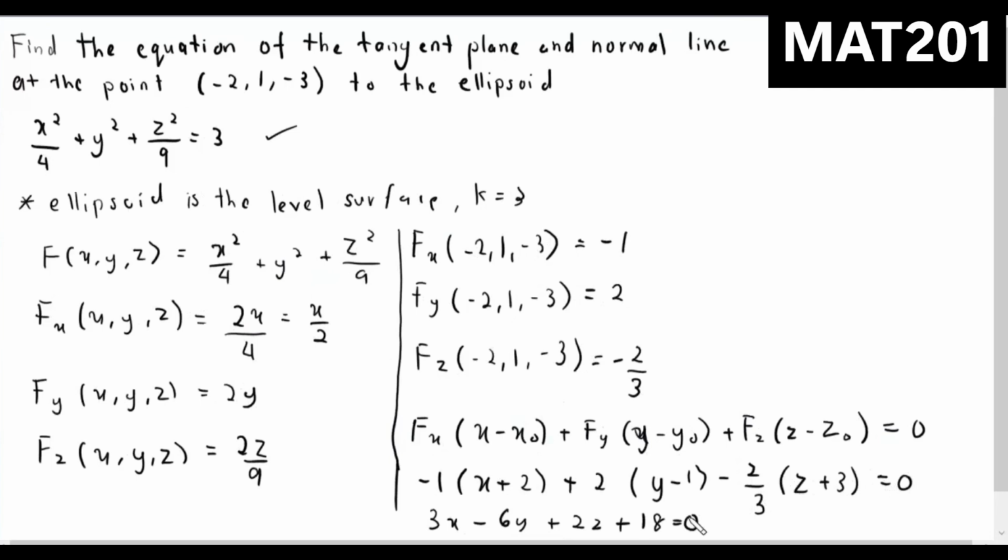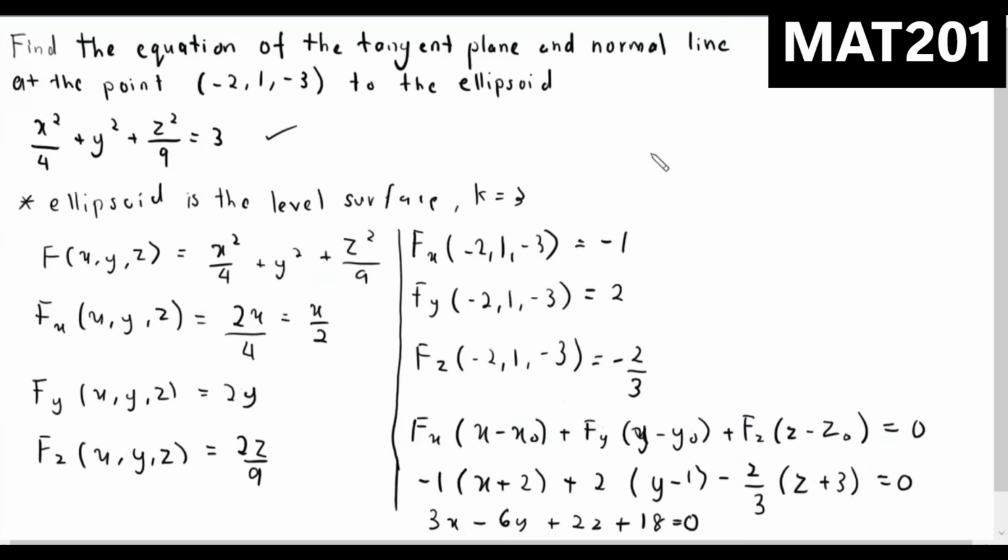The second part of the question is to find the equation of the normal line, and we are going to use our previous knowledge of vectors to construct it. One way is by using the symmetric equations, where we need to know the grad of f, the vector for the normal line, since the normal is perpendicular to the plane.